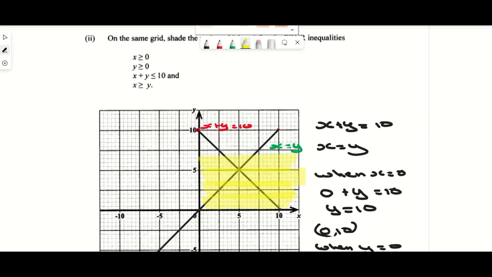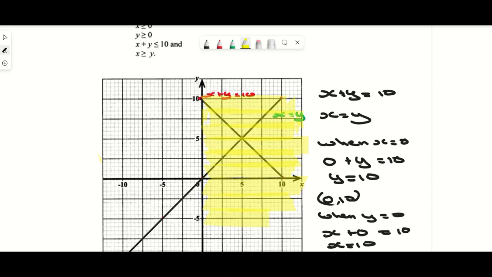So when they say x is more than or equal to 0, that is that pink area that you see me shading there. That is all here, because all here x is more than or equal to 0.